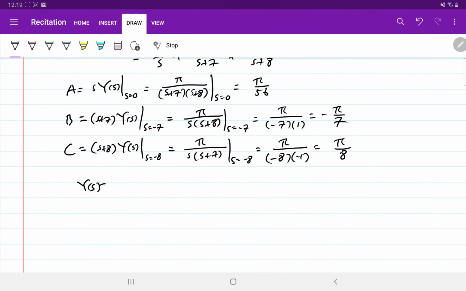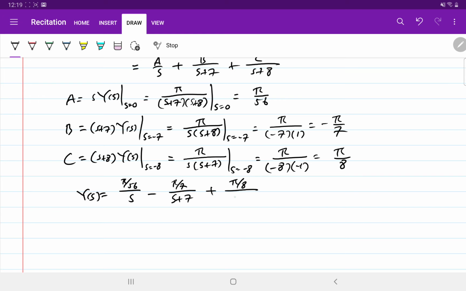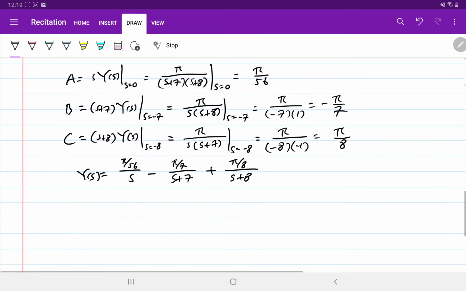Okay, so we have pi over 56 over s, minus pi over 7 over s plus 7, plus pi over 8 over s plus 8.